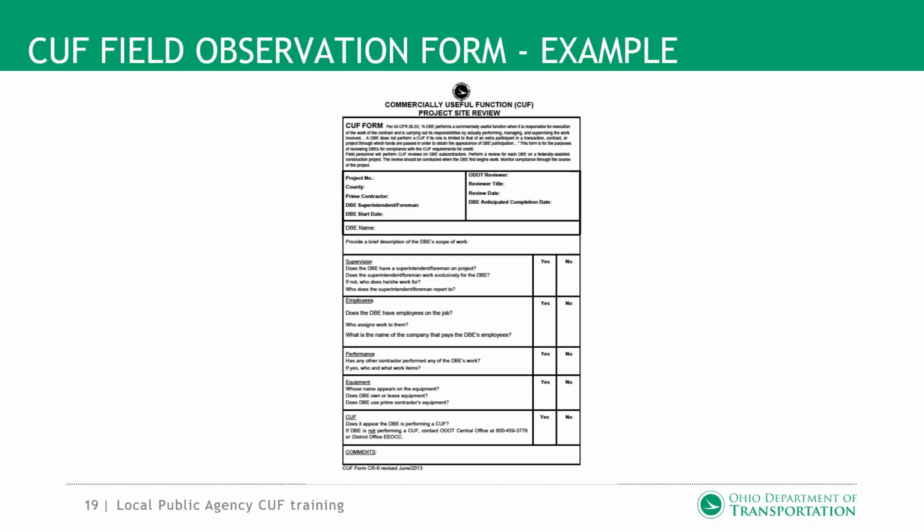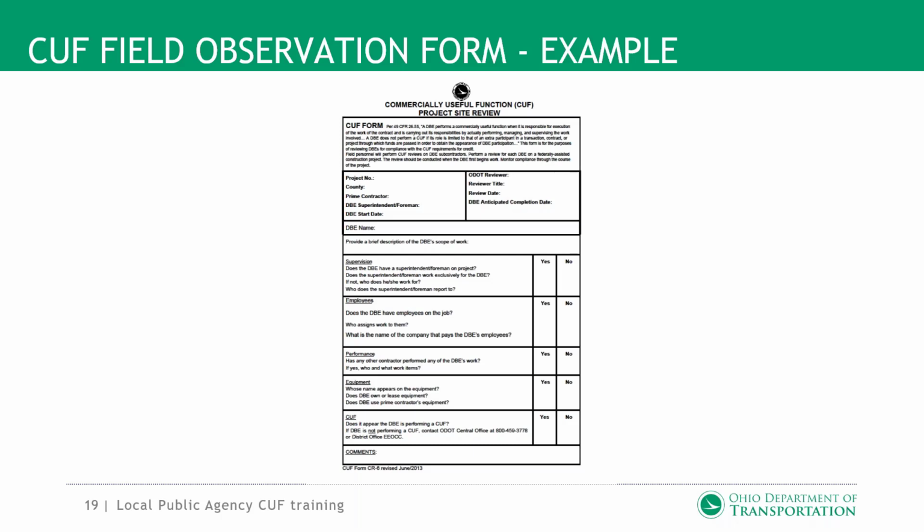The title of that individual and the review date. Then, of course, we want the DBE name. Sometimes that's left off when we see it at ODOT, so we have to ask, what was the DBE? Sometimes we can figure it out based on the performance that they have put in the description. And when you put in a description of scope of work, you should really be detailed with that, at least to some extent.